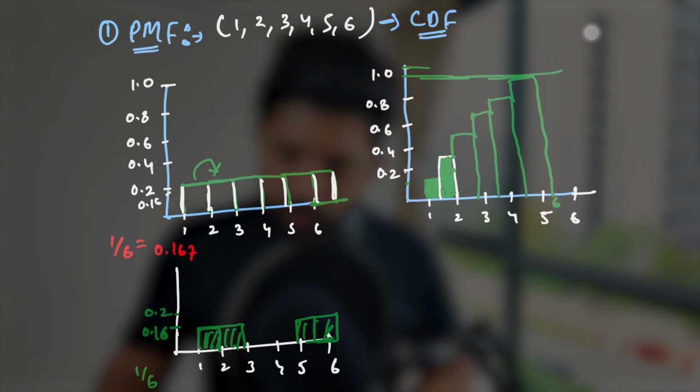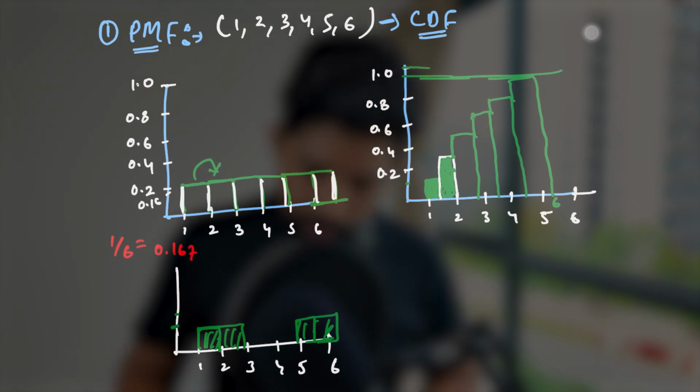Now for this, what will be the cumulative? Actually, apologies for the oversight. It will not be 1 by 6, it will be 1 by 4. Why? Because we only have 4 outcomes, so it will be 1 by 4. You can write 1 by 4, or you can write 0.25.